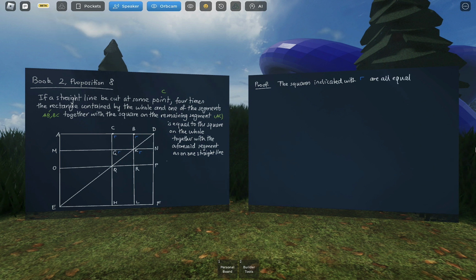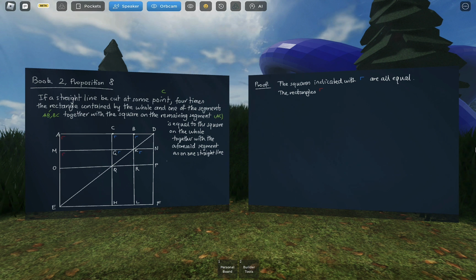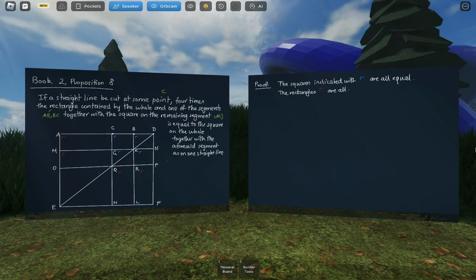This we proved by techniques we're familiar with by now. The rectangles indicated with a red corner are also all equal. This ultimately, again, this is a familiar technique.